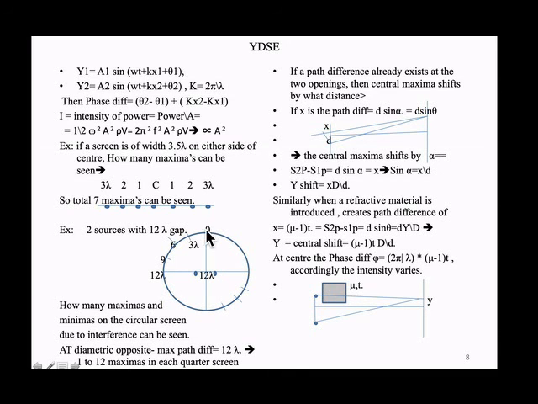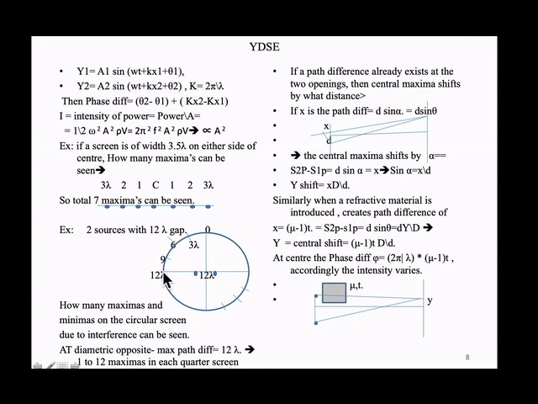What is the path difference here? 0. So when it is 0, we have a central maxima here. Similarly, I have a central maxima here. Now, what is the difference between the two sources? The difference is 12 lambda. So 12 lambda is an even multiple of lambda, so I am getting a bright here and also a bright here.